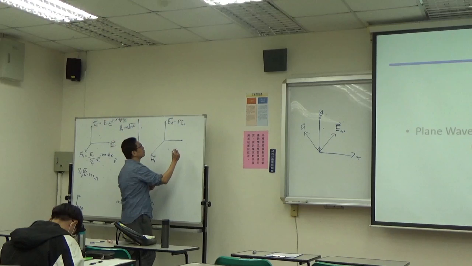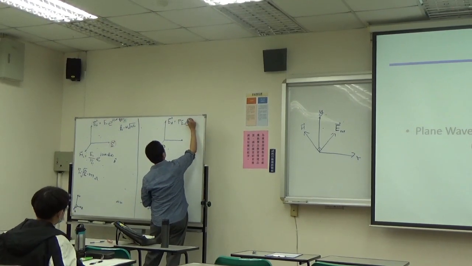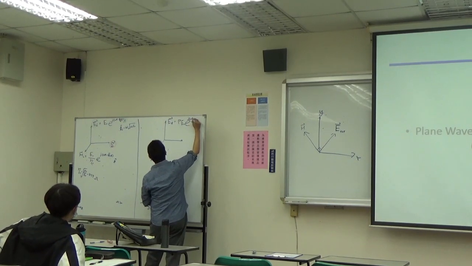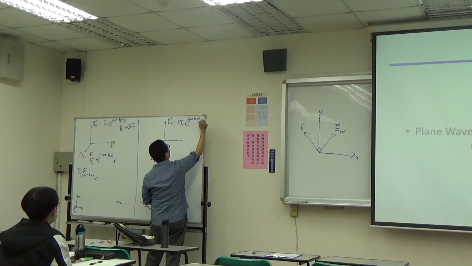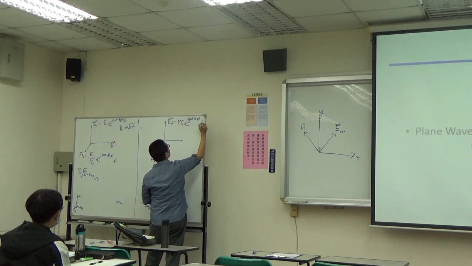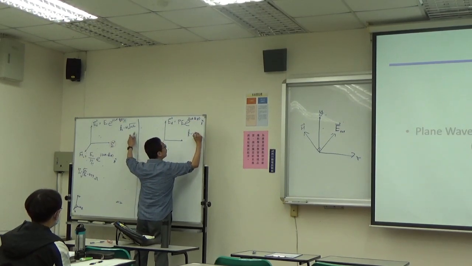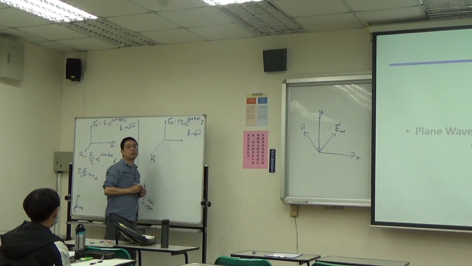K can still write down like exponential j omega t minus K z, and your K equals omega square root mu epsilon.